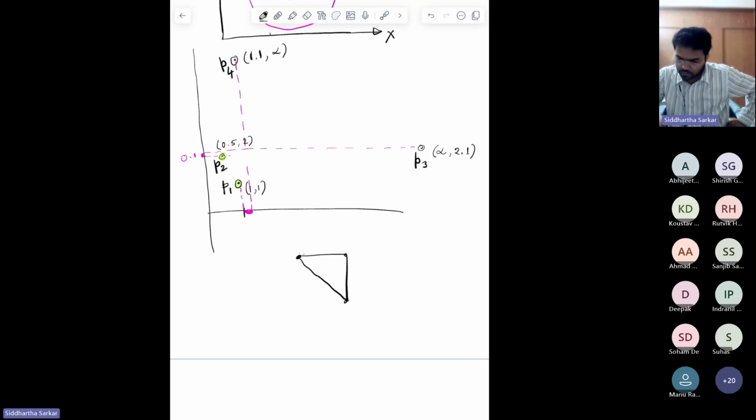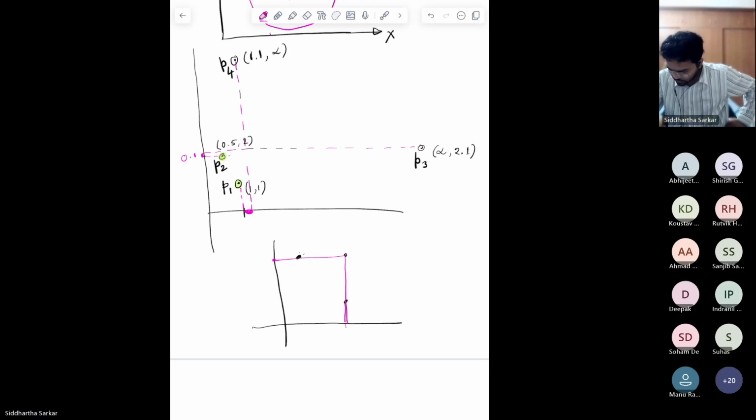So if you project these 3 points on the right triangle, then what will happen is these two will be projected at the same point, distance is 0. And these two will be projected at the same point, distance is 0. So let us say I call it base and I call it perpendicular. So the smaller of B comma P is what will define the closest pair, and that will be captured.